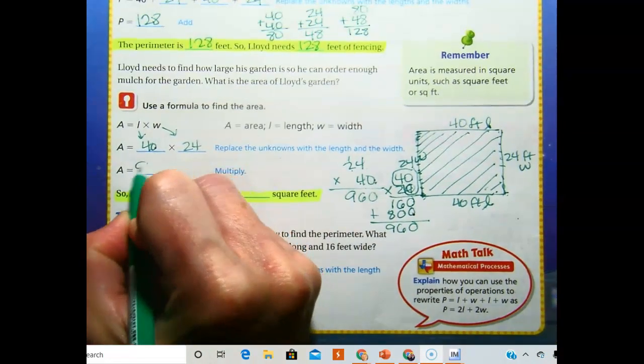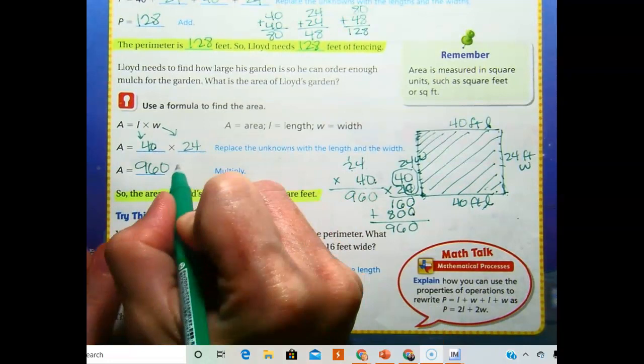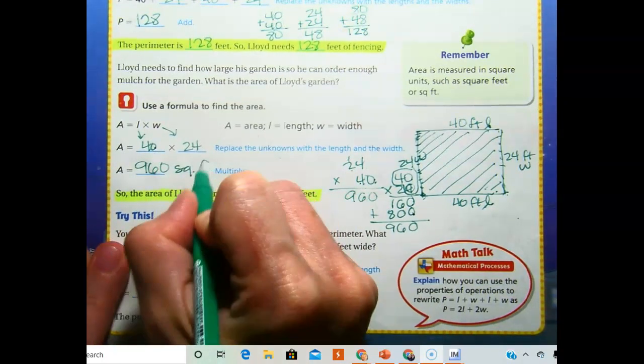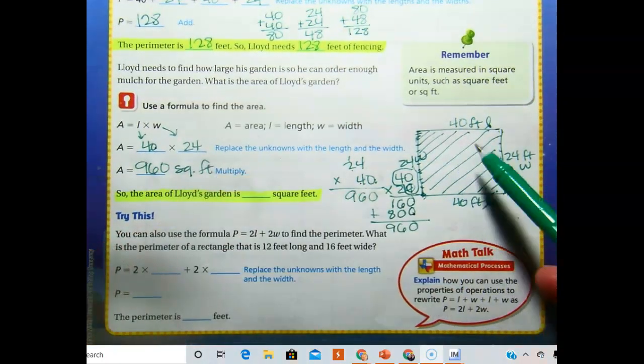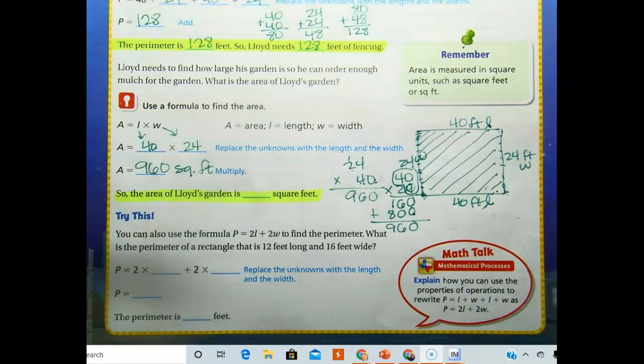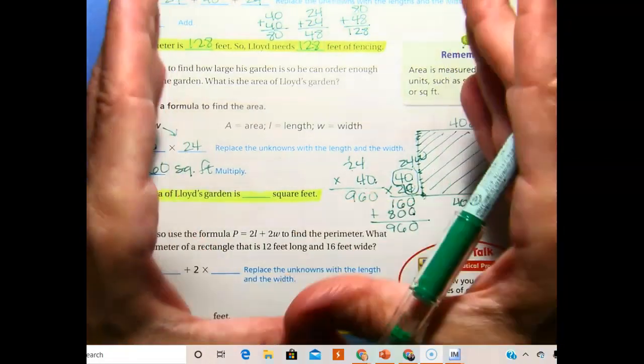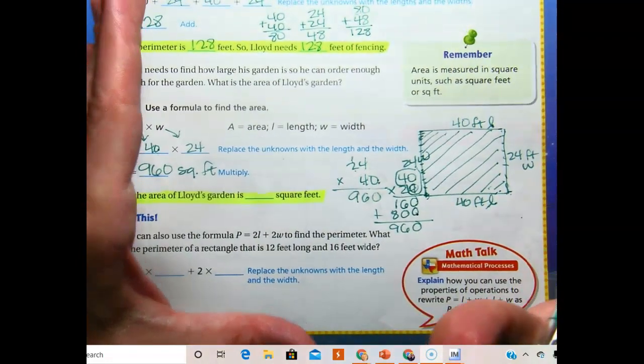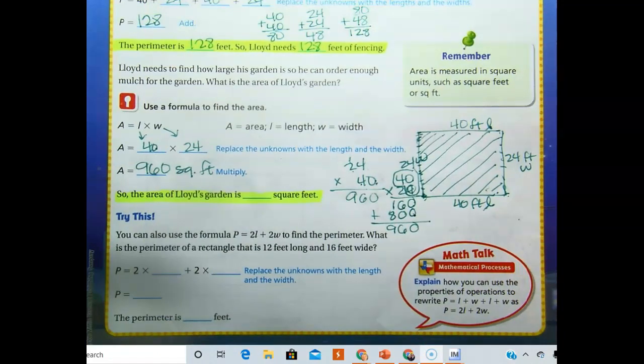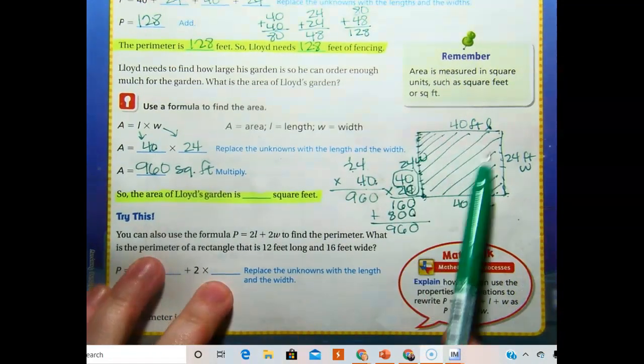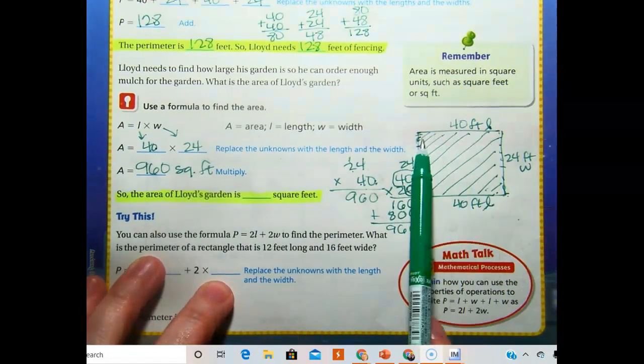Okay, so your area is 960, and we need to write square feet, because remember, area is measured in square units. What that means is if you had 960 actual squares that measured 1 foot on each side, okay, imagine that, you would have to have 960 of those and lay them edge to edge all throughout this space.